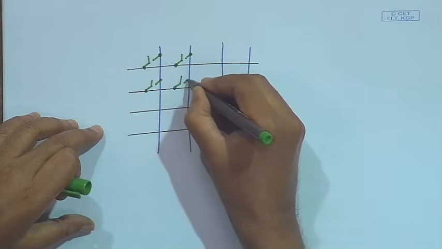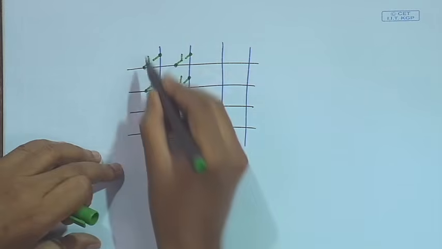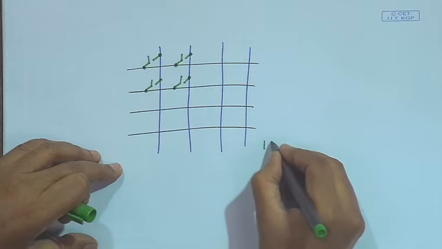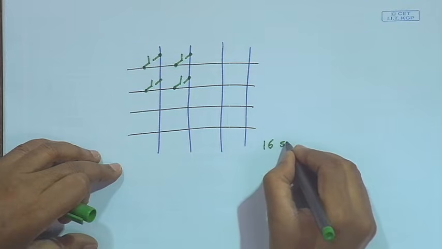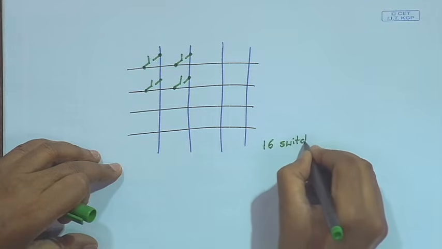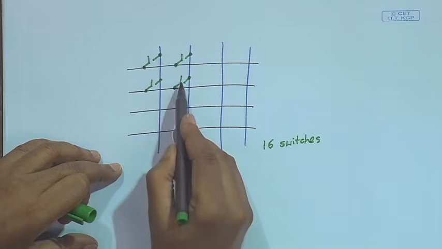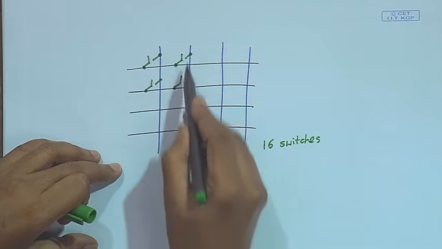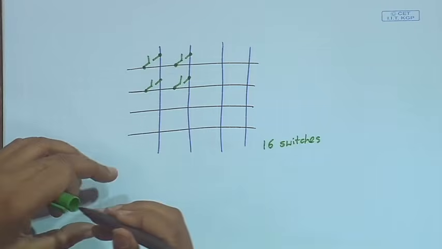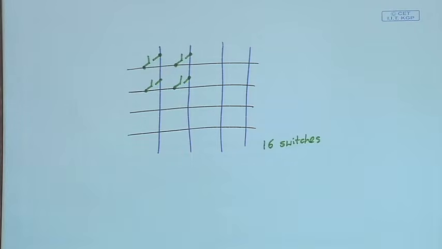So, in every junction there will be a switch. So, for a 4 by 4 thing there will be 16 such switches. Okay. So, whenever you press a switch, the corresponding row and column will be connected. This is the electrical property of the keyboard.